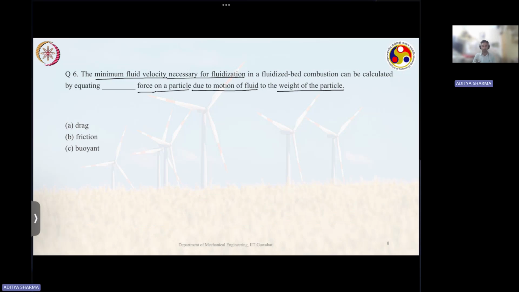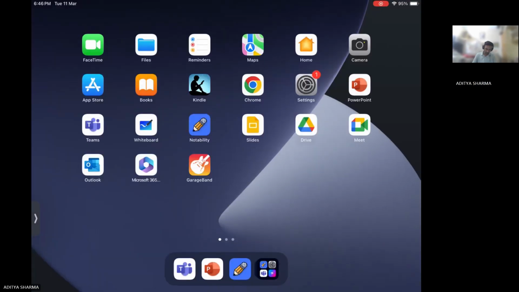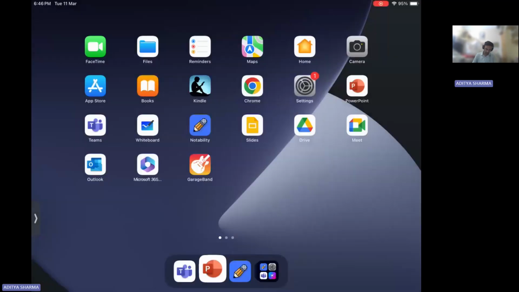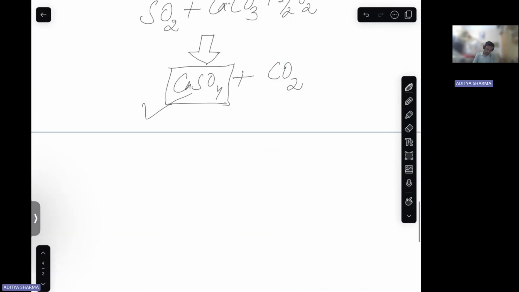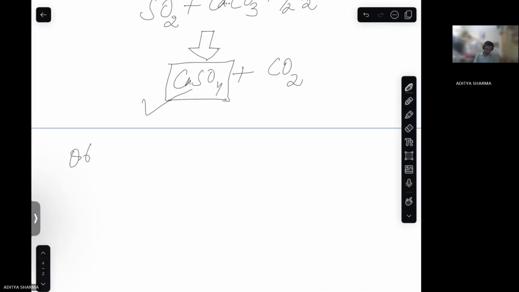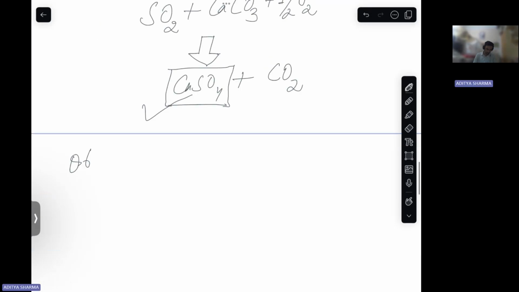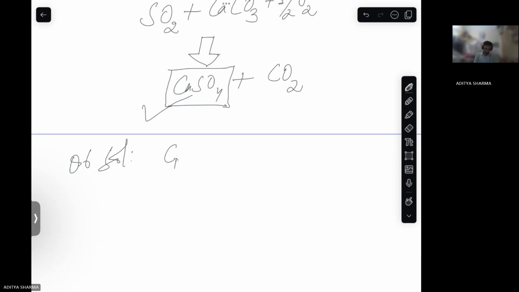We do the same thing. We equate these forces, right? So what we do here is question number 6. We equate, so this is coefficient of drag.